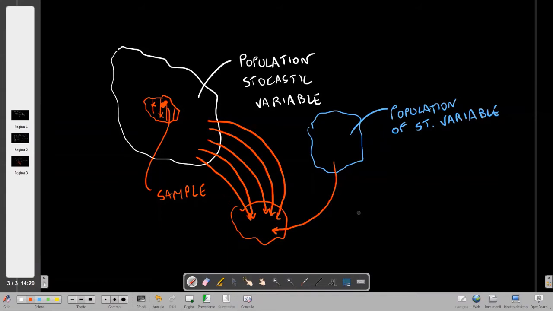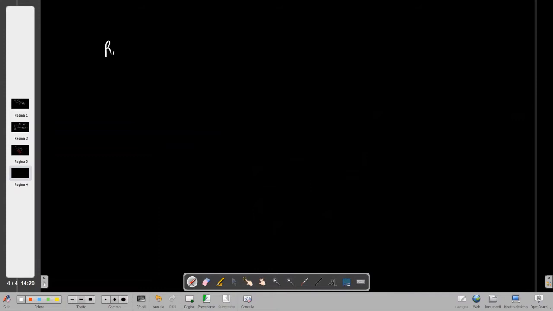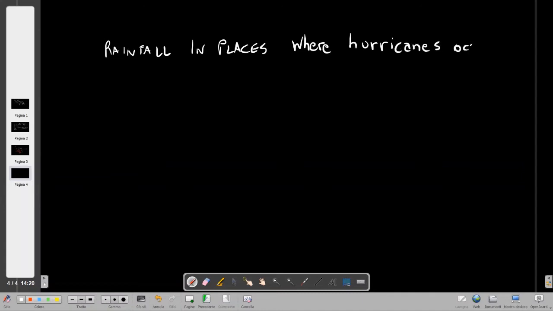Then it is rather simple to understand that if we take into account, just for example, the rainfall in places where hurricanes occur, actually we have two stochastic variables. The first one is the rainfall related to hurricanes.